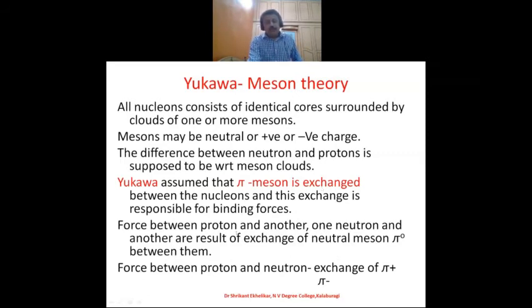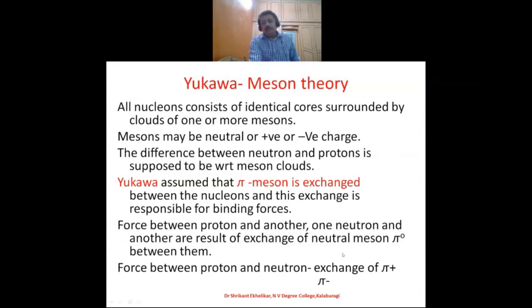So the force between one proton and another, and one neutron and another, is the result of exchange of a neutral particle between two protons and two neutrons. The nuclear force created by the interaction between pp and nn is because of the exchange of a neutral pi meson.